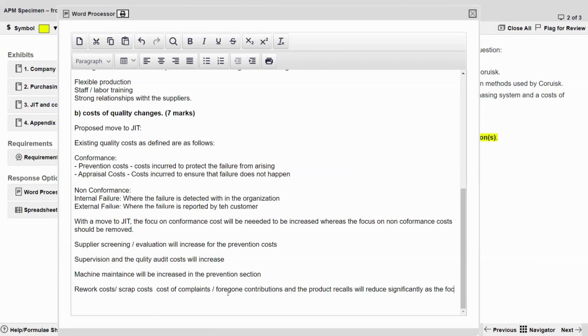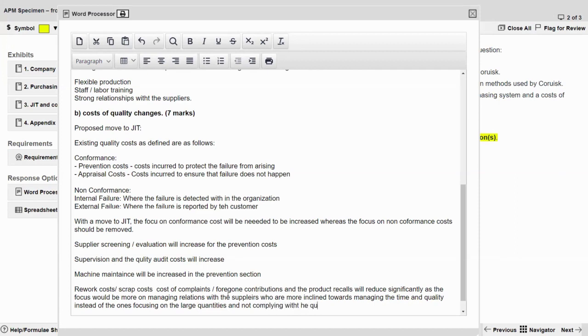As the focus would be more on managing relations with the suppliers who are more inclined towards managing the time and quality instead of the ones focusing on the large quantities and not complying with the quality standards.